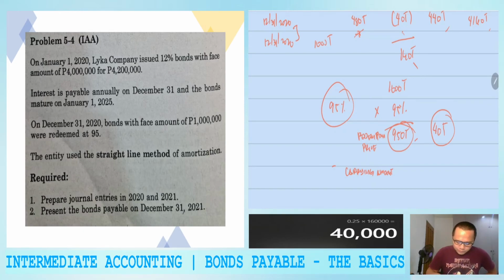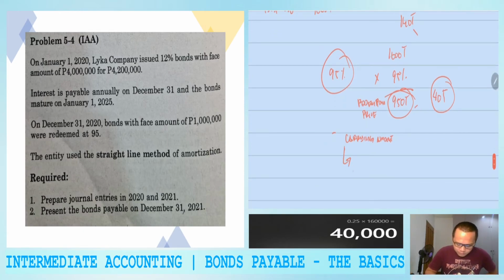So, for your carrying amount, we have a face amount of 1 million. Then you have your premium amounting to 40,000. That is addition.